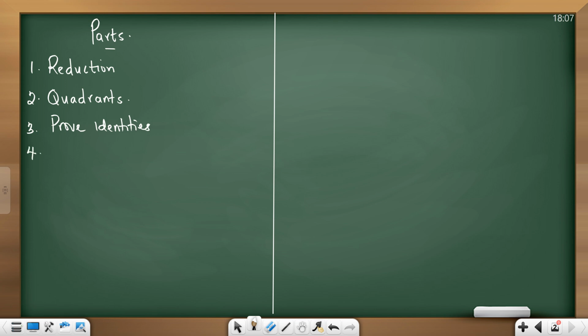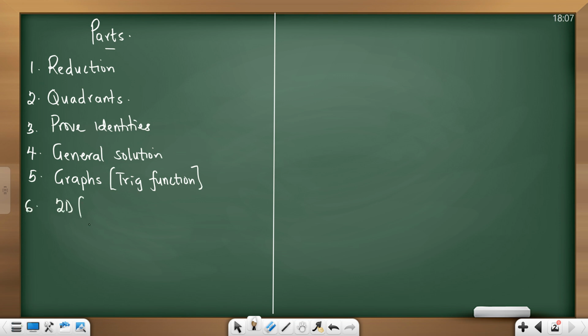Number 4, general solution. And this would lead us to number 5, graphs, which is called trig function. And number 6, 2D, which is called application.